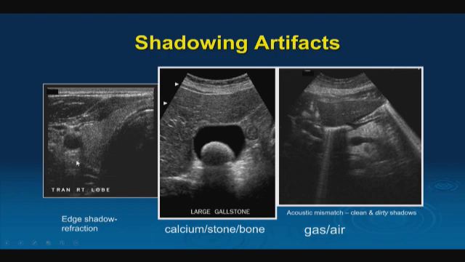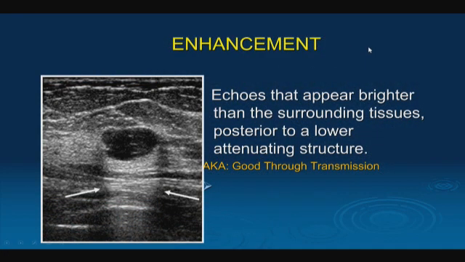And then the other thing that we can see in this image, this is our next artifact, is called good through transmission. Notice that directly underneath the fluid-filled structure, it's bright and white, and it's housed within the edge shadows here. That is called good through transmission, or another term is enhancement. This is an artifact that helps us to decide, is this truly a fluid-filled structure or not? This happens to be a breast mass. Notice that it has internal echoes in it.